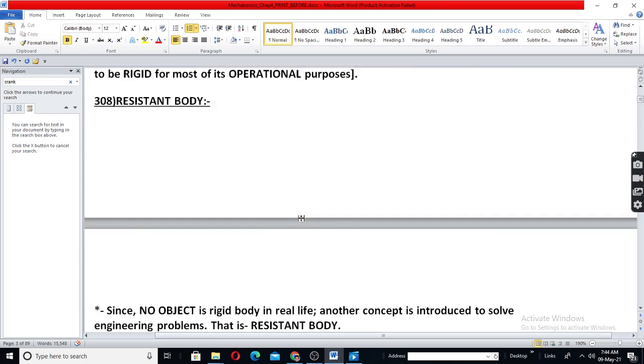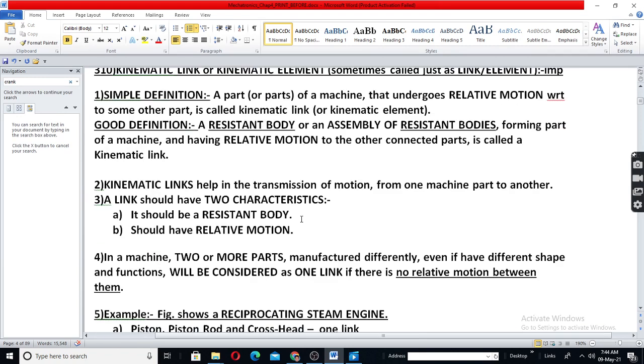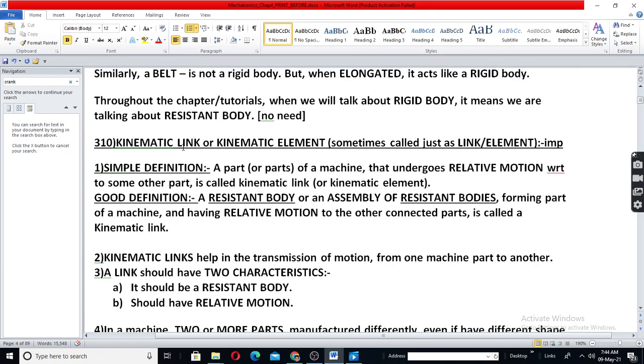Kinematic link or kinematic element, sometimes just link or element, shortly we say like that. Very simple to understand.